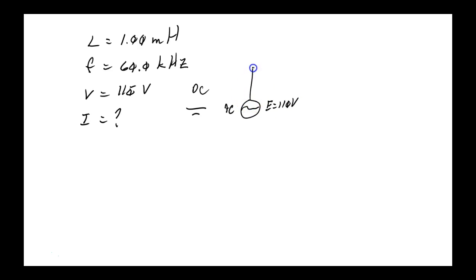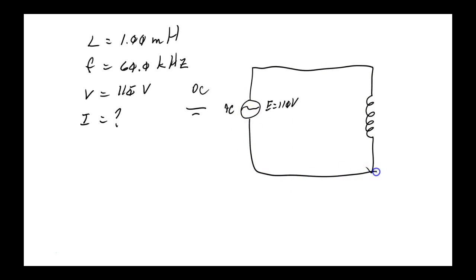And that goes into the circuit, and the only thing you have in this circuit is an inductor. And this inductor is 1.00 millihenries, because a henry is a huge amount of inductance. The frequency here is 60.0 kilohertz. They just threw that in there. Alpha is equal to 60.0 kilohertz. Now, what are we going to do with that? We're looking for current. I is what we're looking for.